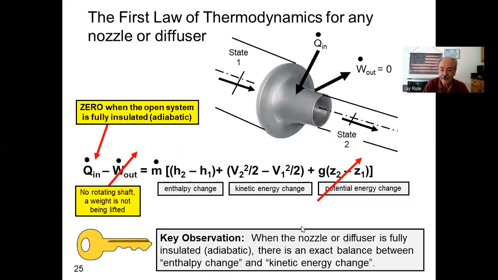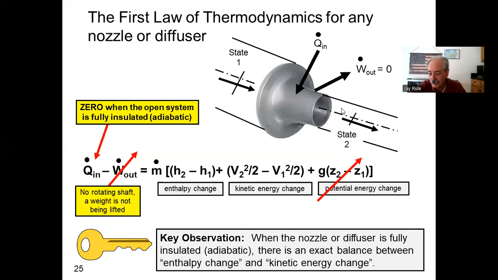Now let's simplify. I've shown a nozzle, but this will apply just as much to a diffuser. Let's knock out terms that we can. Potential energy change. Well, let's study the sketch. The potential energy from 1 to 2, no change. I'm holding this control volume in my hand. You can see that there's no change in potential energy to speak of, right?